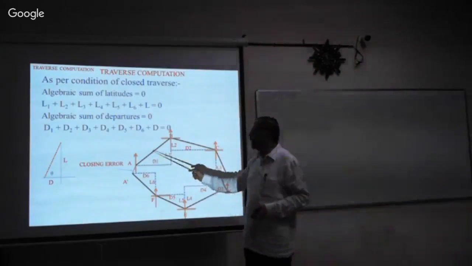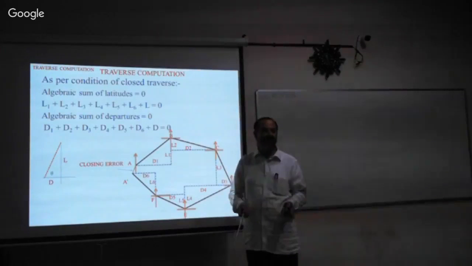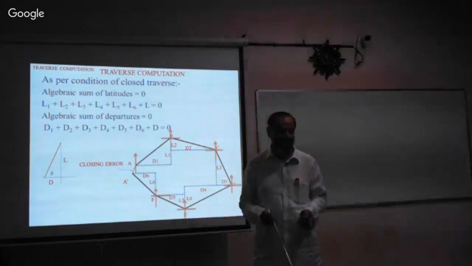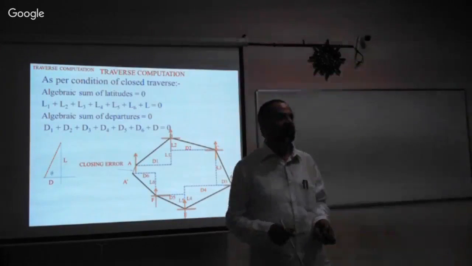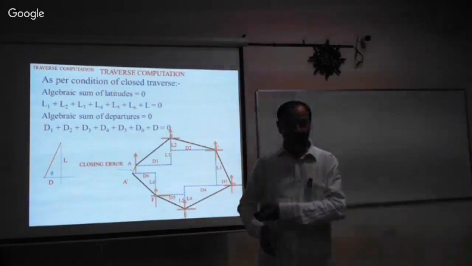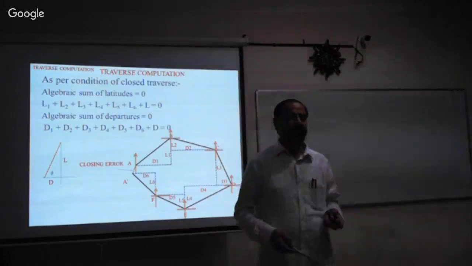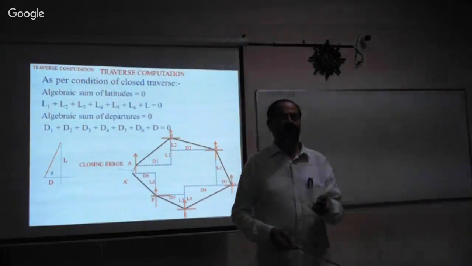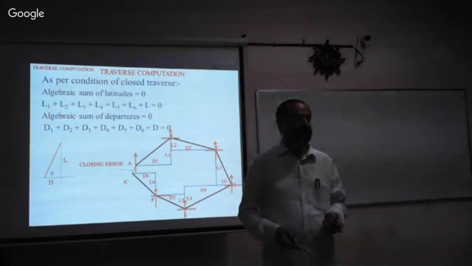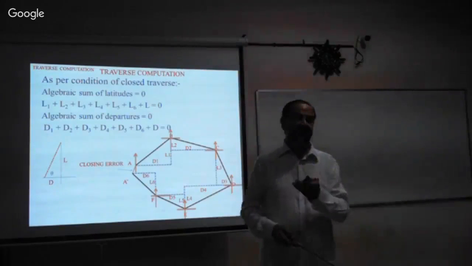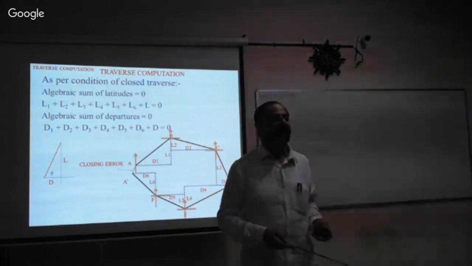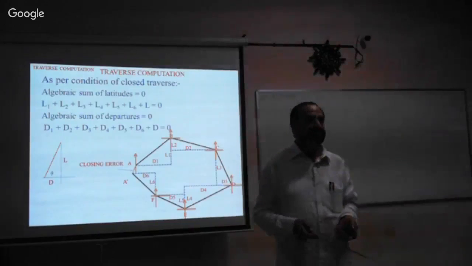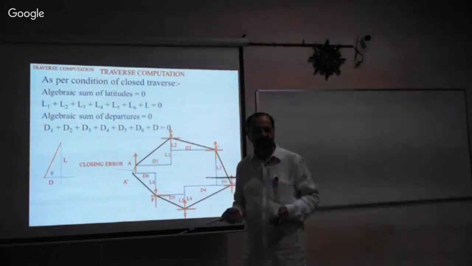Now, in solving the problems, we should know how to calculate the latitude and departure of all the survey lines in a closed traverse, and also along which direction we are measuring them. Suppose we measure northward as positive.